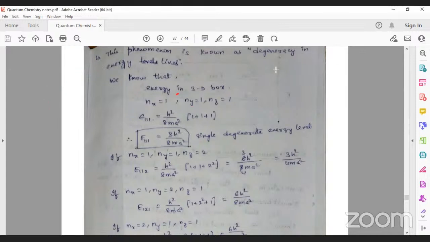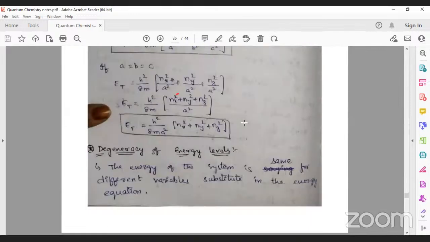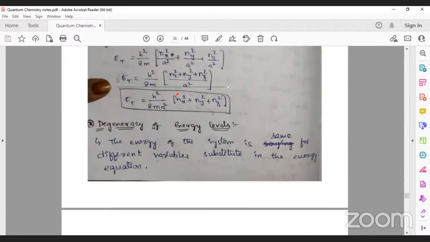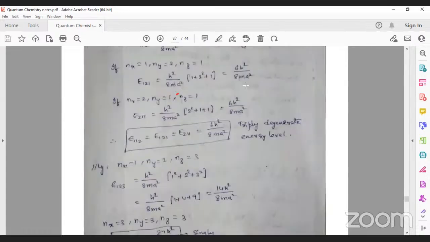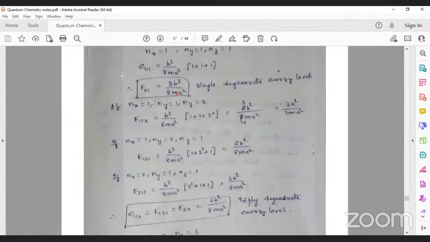So we are going to discuss the degeneracy equation. In this equation, we are going to substitute nx, ny and nz values. For example, nx is equal to 1, ny 1, nz 1. We'll get 3h square by 8ma square. That is singly degenerate.